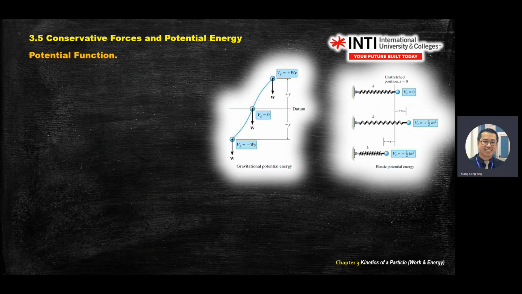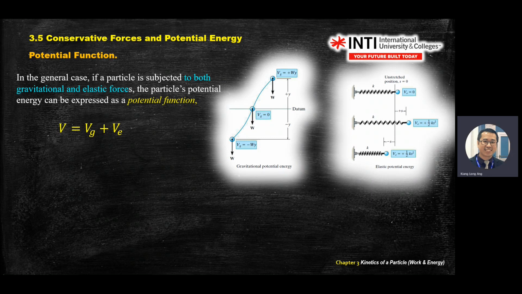Potential energy, when there's a gravitational force and a datum given, is mgy or mgh. Above the datum you get positive, below the datum you get negative energy. On a spring, you always get positive. The formula to calculate the energy for a spring is half kx squared.